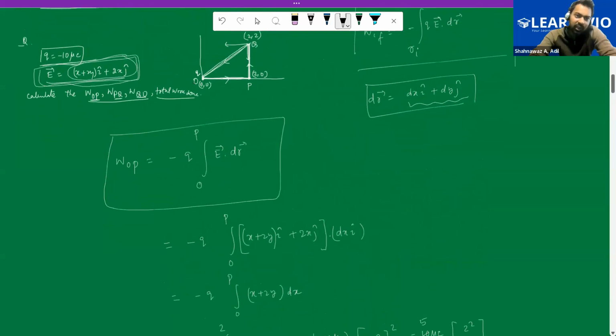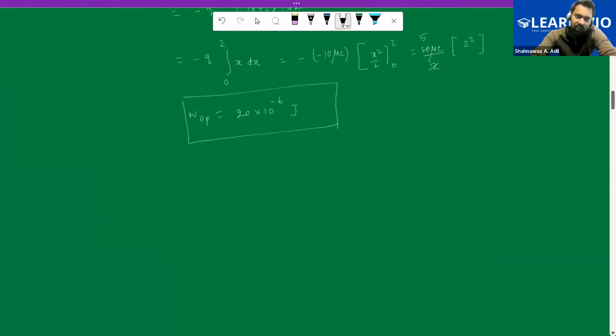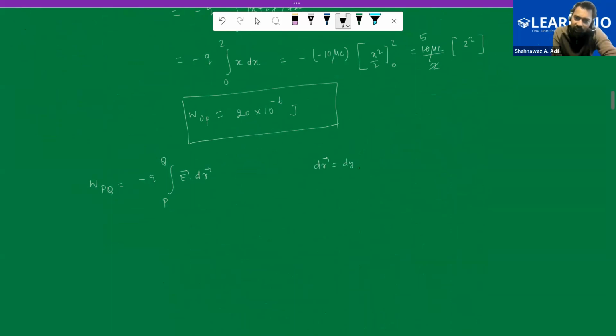And now we calculate from P to Q. Work done from P to Q would be minus Q, integral from P to Q of E dot dr. In this case, we are going in y only, so dr would be simply dy j.